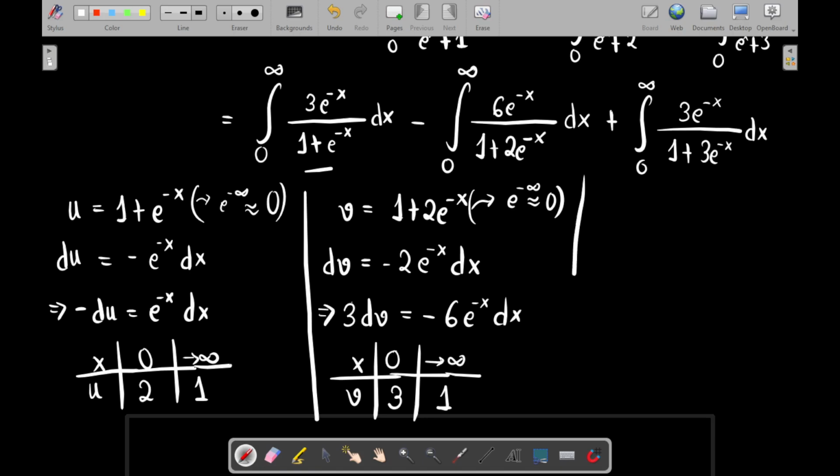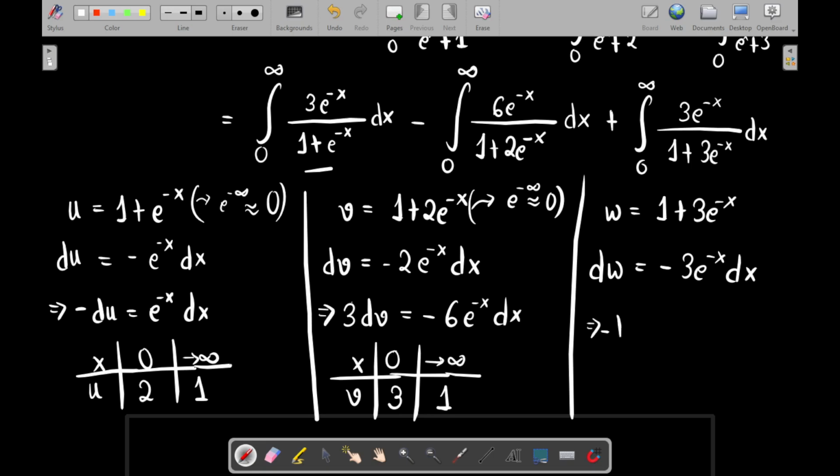Similarly, for the third part, if I take w equal to 1 plus 3 e to the power minus x, then we have dw is equal to minus 3 e to the power minus x dx, right? So there is 3 e to the power minus x, and I need to divide both sides by minus 1, so minus dw will be equal to 3 e to the power minus x dx.